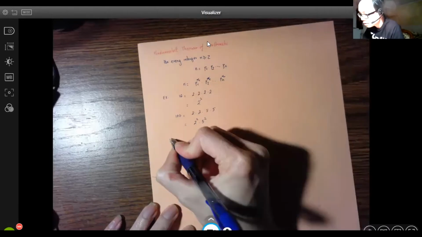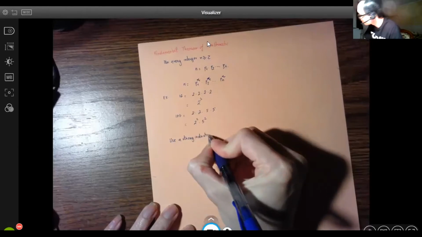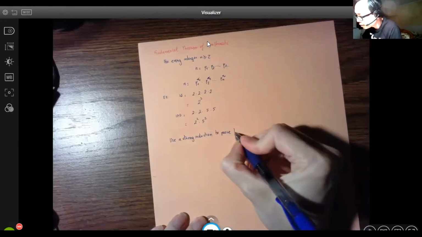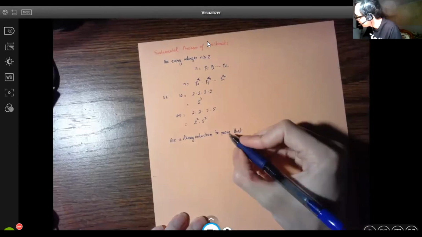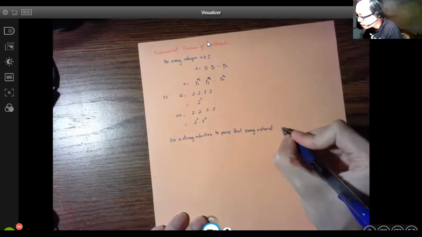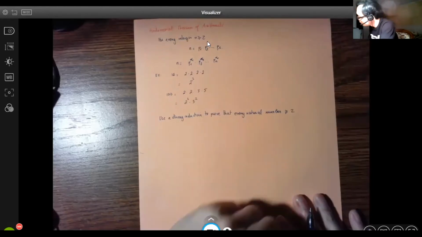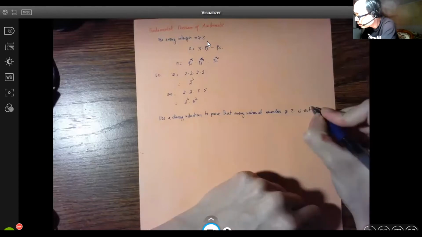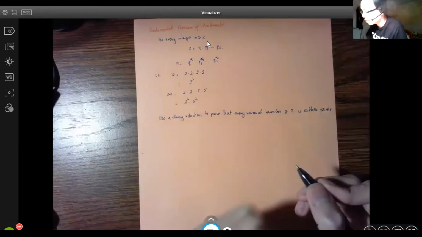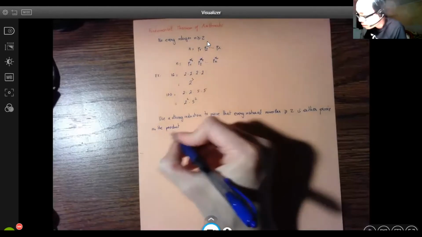It says, use strong induction to prove that every natural number that's greater than or equal to 2 is either prime or the product of prime numbers.